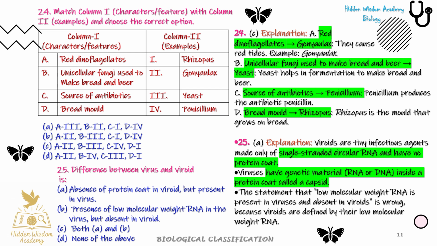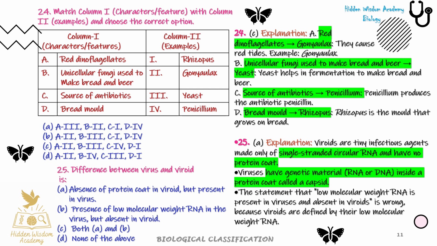Question 24. Match column 1, characters/features, with column 2, examples, and choose the correct option. Column 1: A. Red dinoflagellates. B. Unicellular fungi used to make bread and beer. C. Source of antibiotics. D. Bread mold. Column 2: 1. Rhizopus. 2. Gonyaulax. 3.